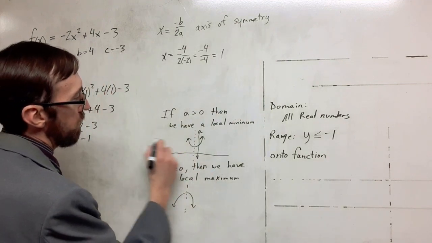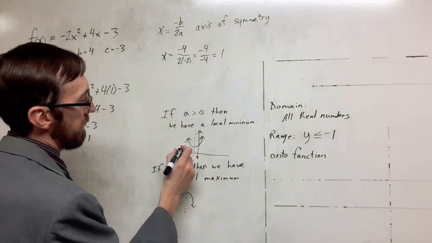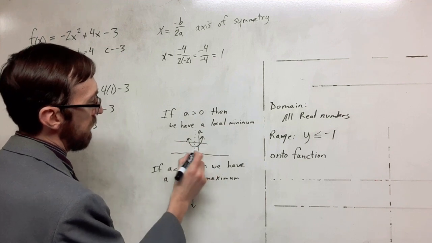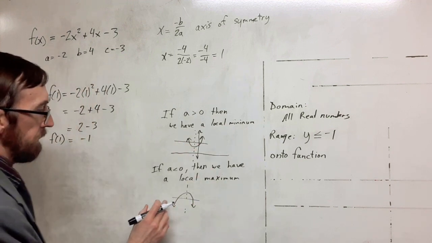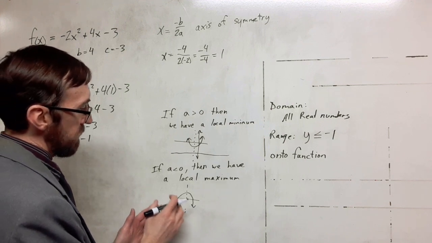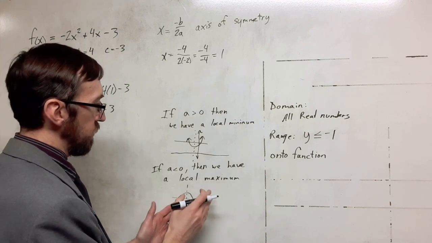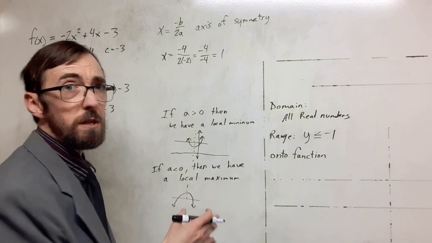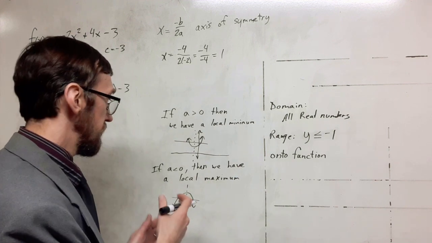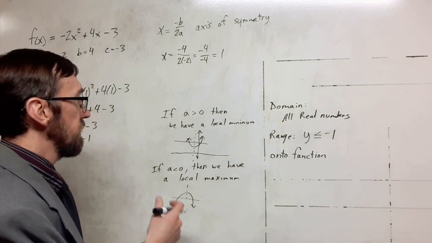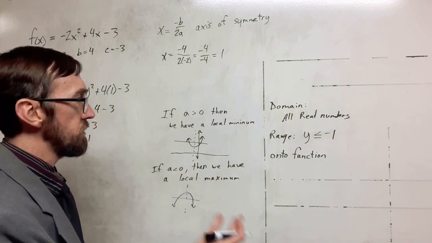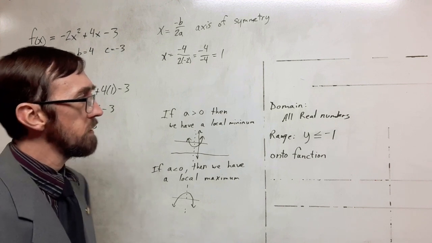If we run a horizontal line here, we see that we will touch the parabola twice, and we will do that on either one. So this tells us that we will have at least one x value associated with every y. And in fact, we can have 2 x values associated with every y. So we have an onto function.